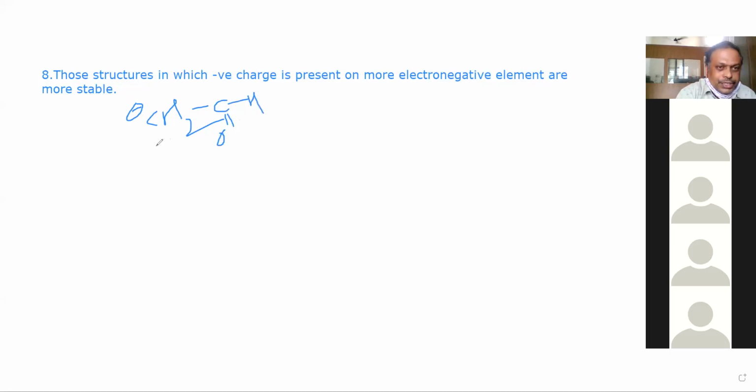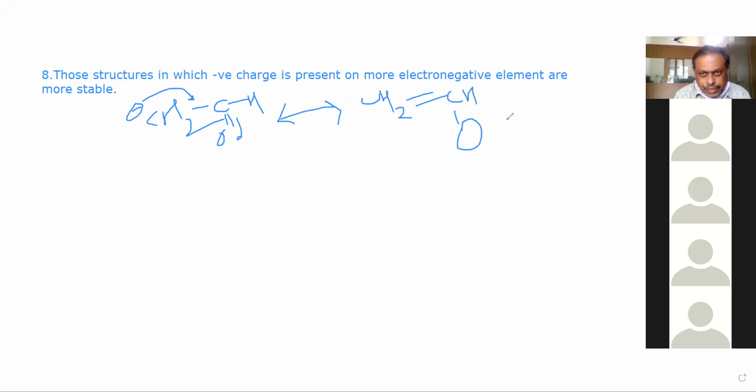In the first structure, the negative charge is present on carbon, which is less electronegative than the oxygen, and we draw the second resonating structure, CH2 double bond CHO minus. The negative charge is now present on the more electronegative atom, that is oxygen, and is more stable.